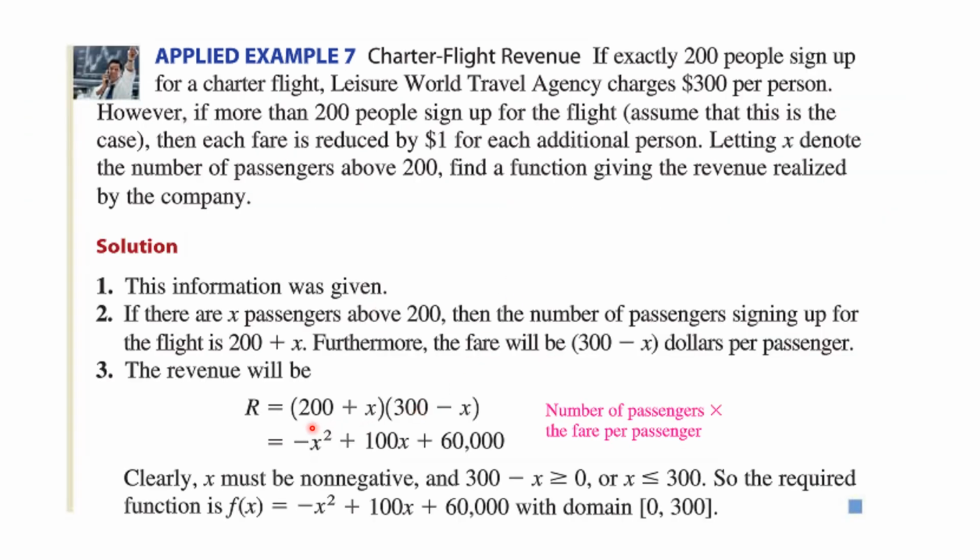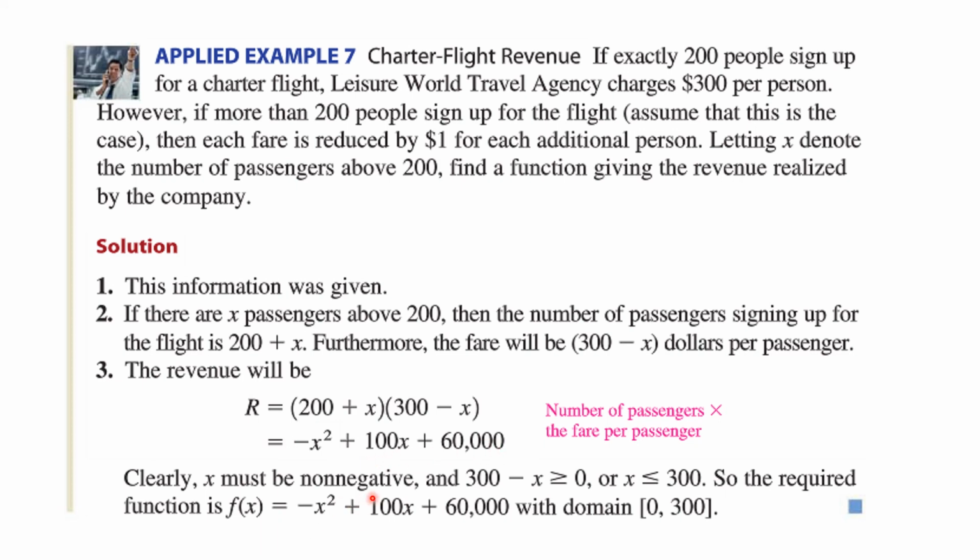Okay, so the number of people times the price they pay gives the revenue. Each person will pay 300 minus x, where x is the number of additional passengers. So the number of passengers times the price per passenger gives you the revenue, and we get this expression.